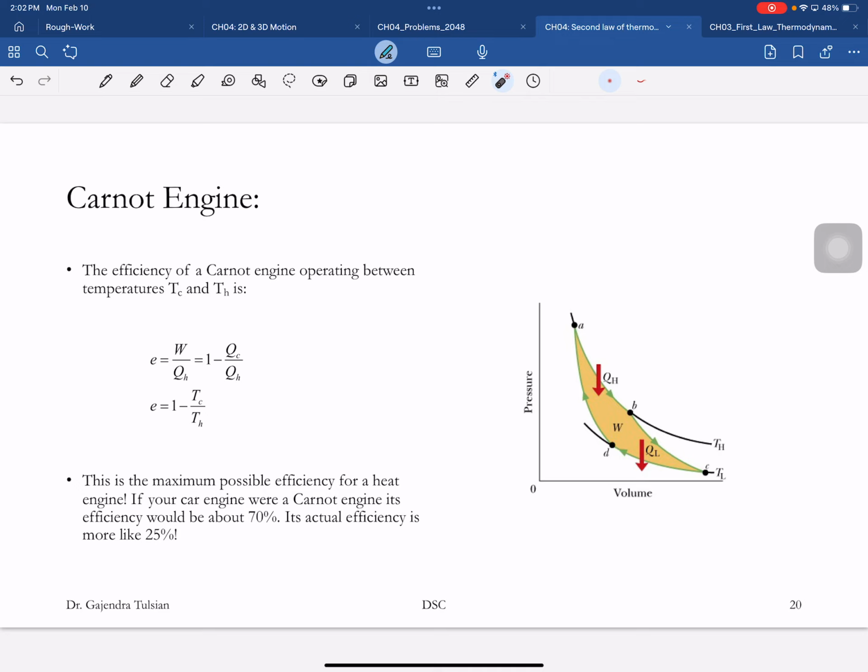So in practice, you're losing a lot of heat to leakage and friction and all that. See, there's a lot of room for improvement, and I'm sure there's plenty of people working hard. So heat to work conversion is very inefficient.